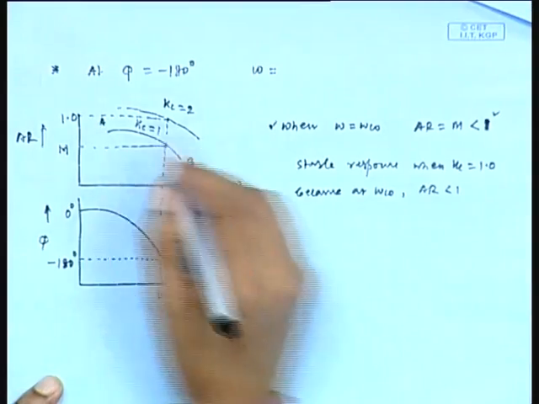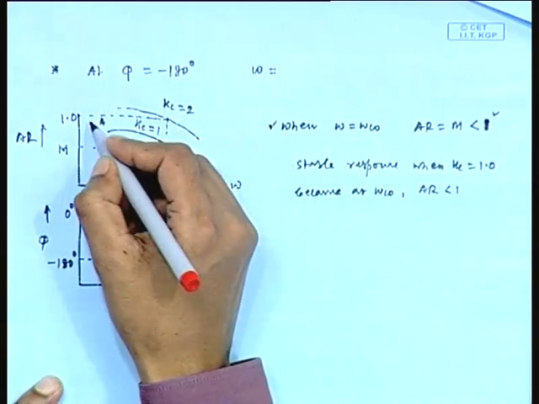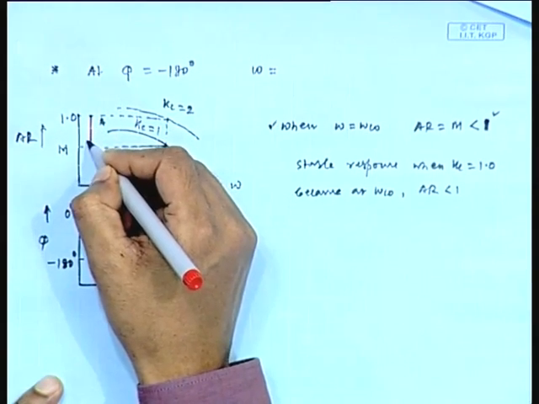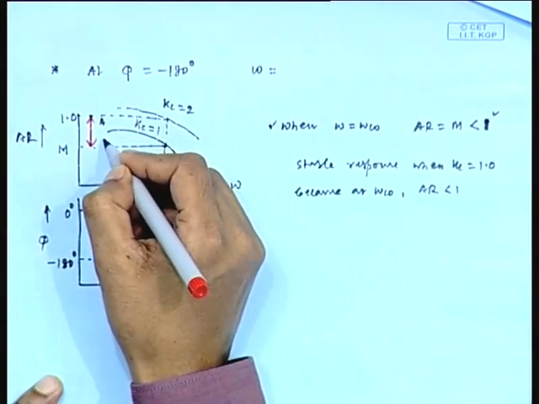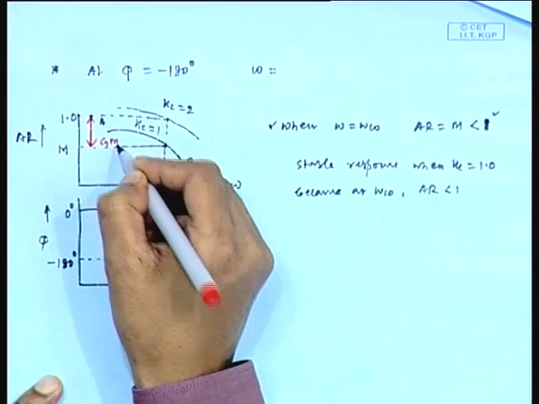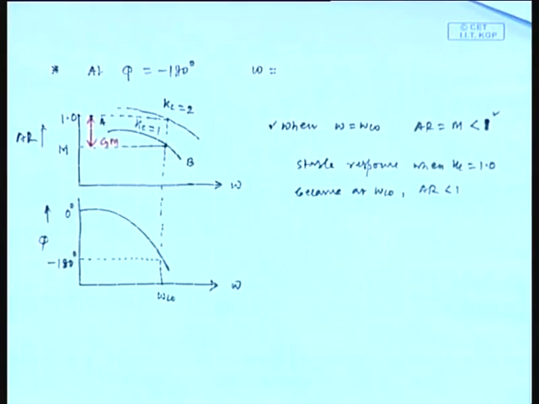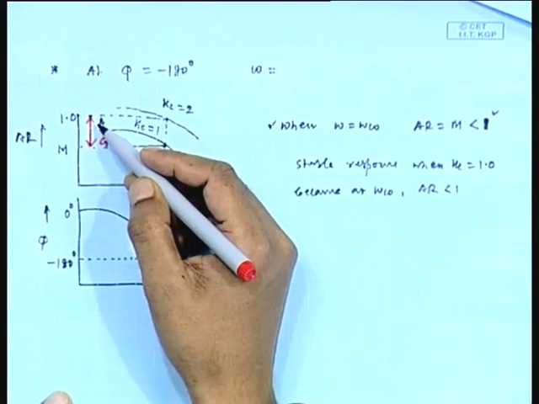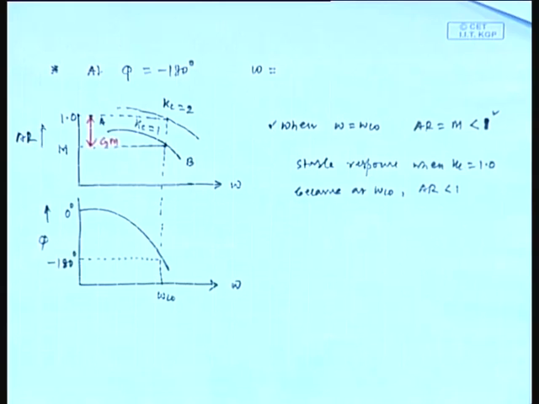Now, this difference is the gain margin. You see, this is nothing but a safety factor. This difference is called the gain margin, and this is nothing but a safety factor.